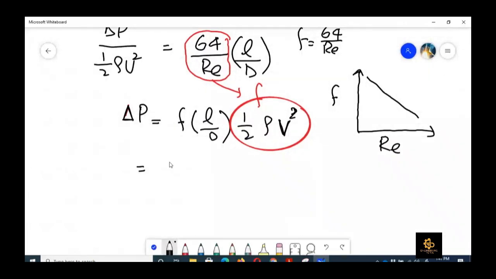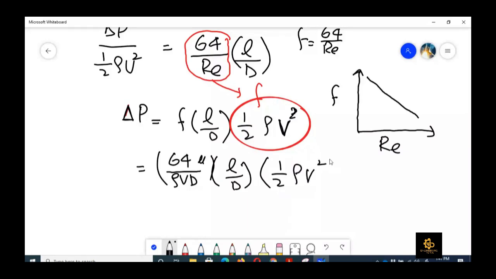So I am writing it again in terms of 64 into rho V D upon mu, and L upon D into half rho V square. Now you see that we can cancel V with one V of the V square. So delta P is basically directly proportional to velocity.